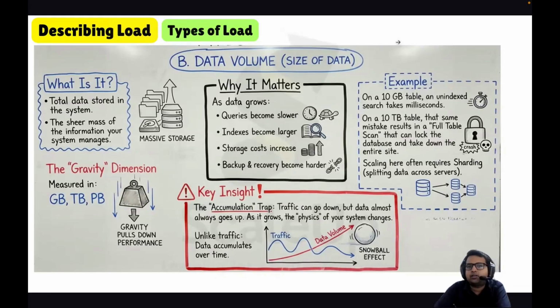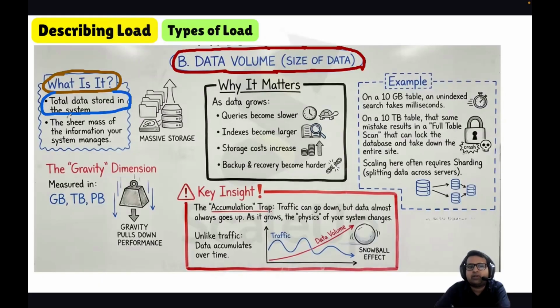Now the next very important type of load is data volume, when we describe the load in terms of the size of the data. So what is data volume? Data volume is the total data stored in the system.